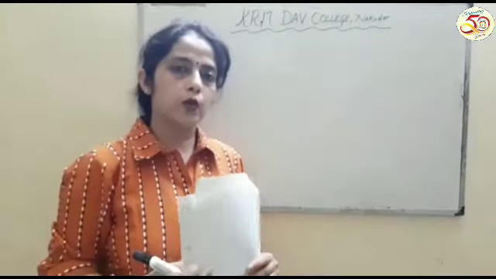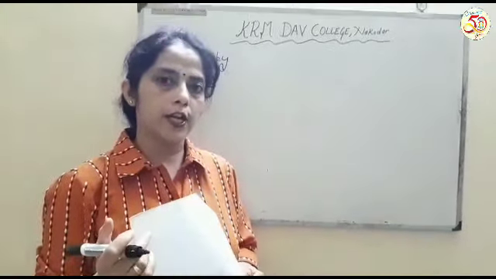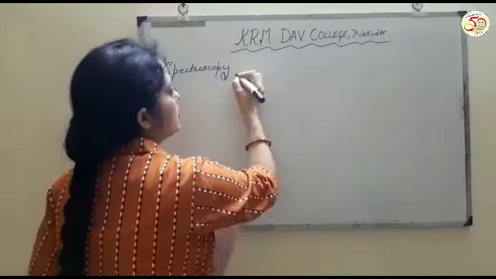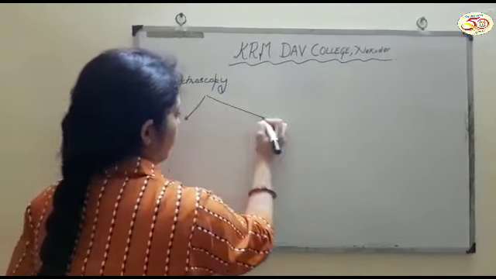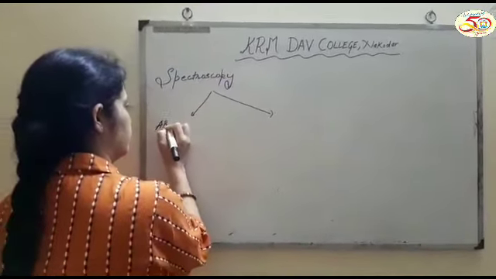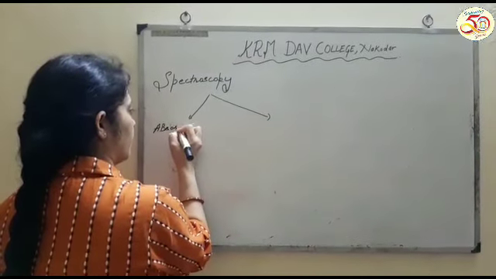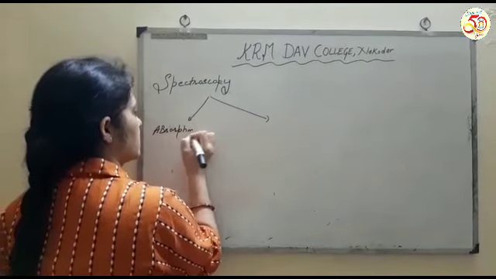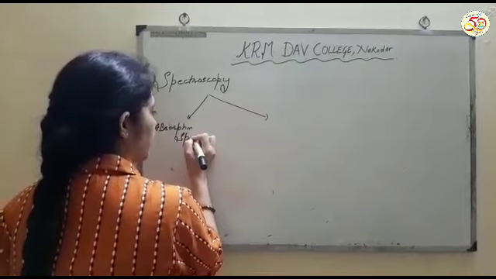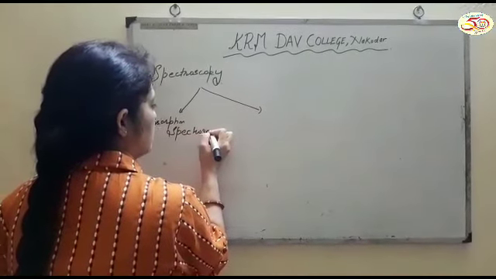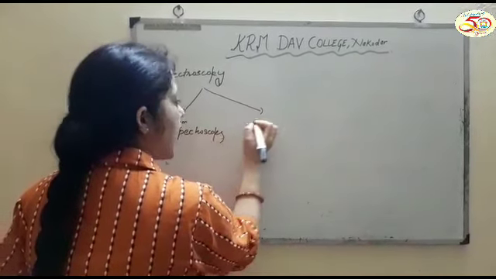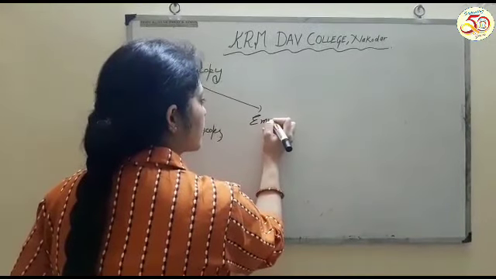It means spectroscopy is broadly divided into two kinds: absorption spectroscopy and emission spectroscopy.